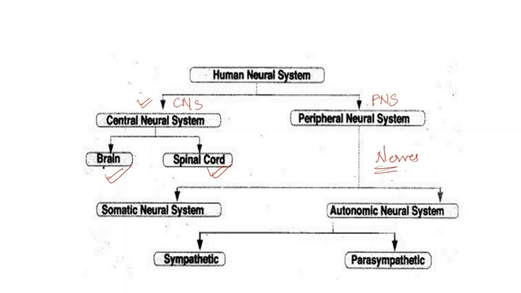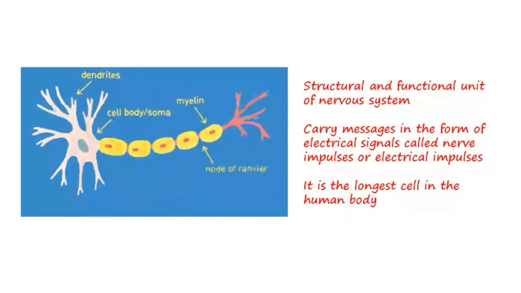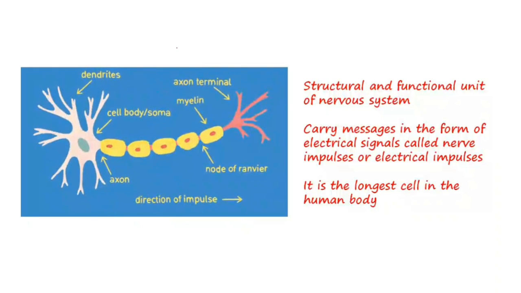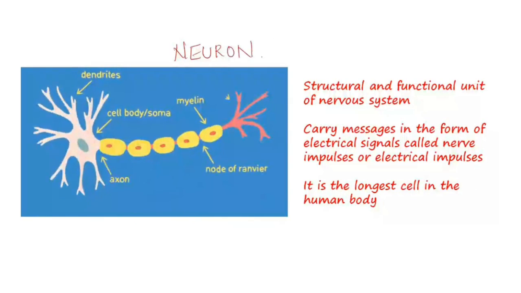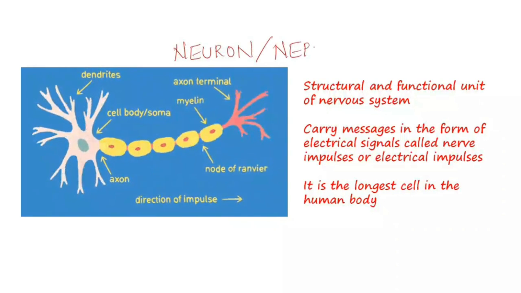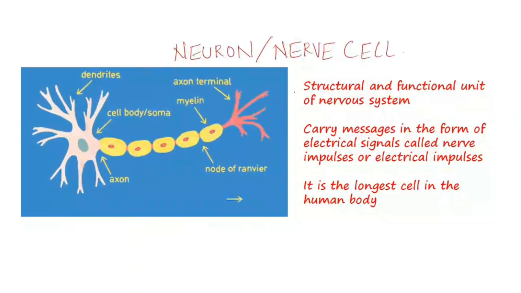Before going into these two, we have to study a very important part of the nervous system, that is the neuron or the nerve cell. As you all know, the neuron or the nerve cell is the structural and functional unit of the nervous system.